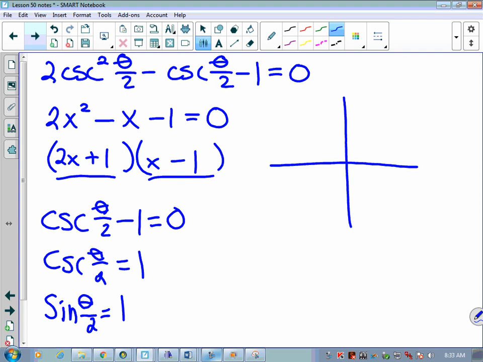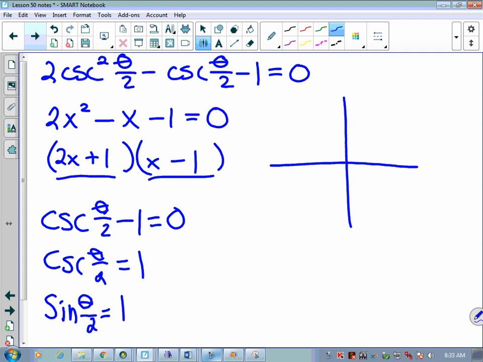All right. So if sine is 1, obviously we don't get a hypotenuse of 1, but we do remember that sine represents what? It should represent the y-axis, right? Where do we get our y-axis at with 1?